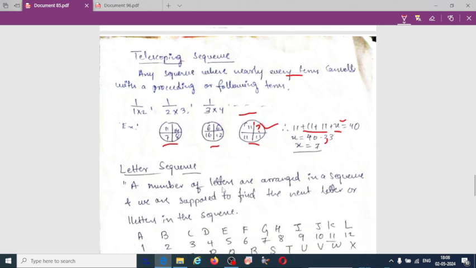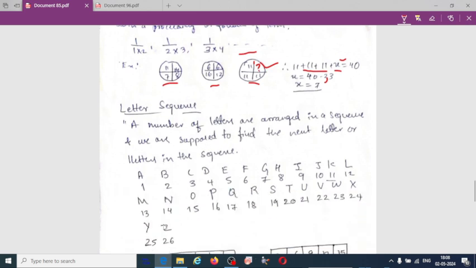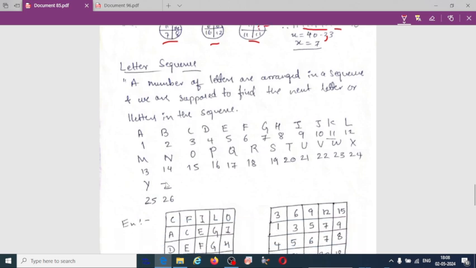Letter sequence. A number of letters are arranged in a sequence and we are supposed to find the next letter or letters in the sequence. First you should know all the alphabet letters A to Z. There are 26 alphabets.